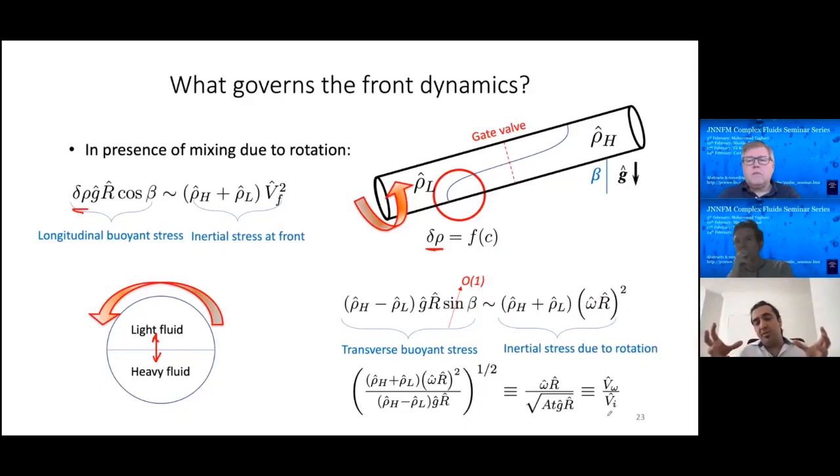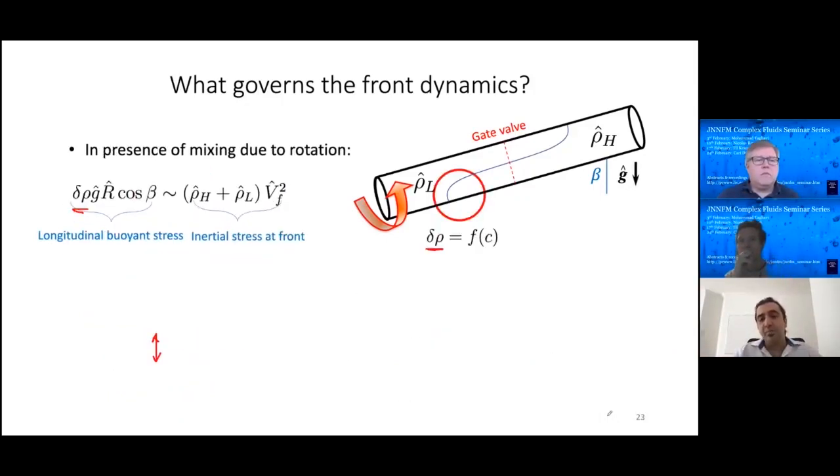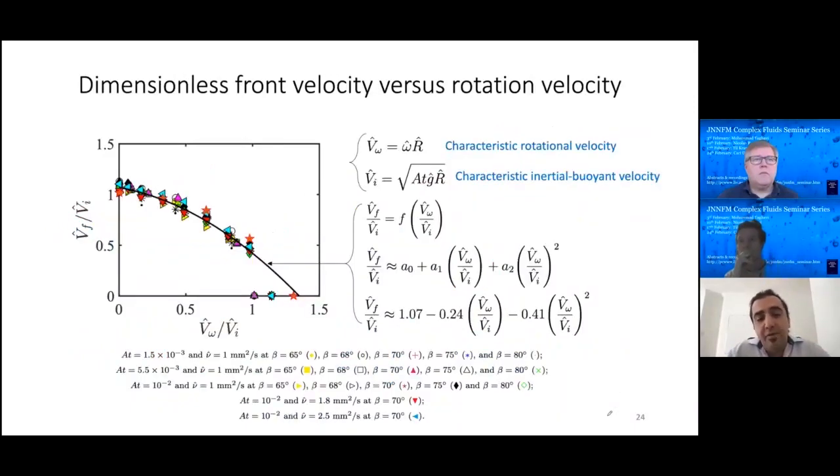So far we have found that the relevant dimensionless groups in the flow are Vf over Vi, which we observed in the absence of rotation, and V omega over Vi in the presence of rotation.